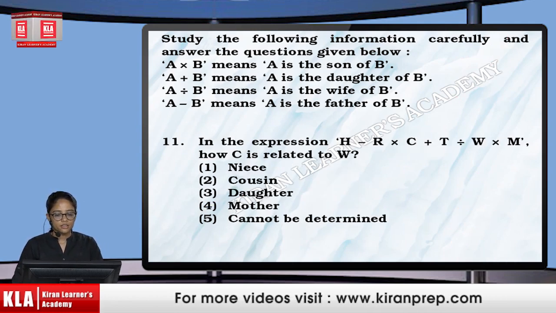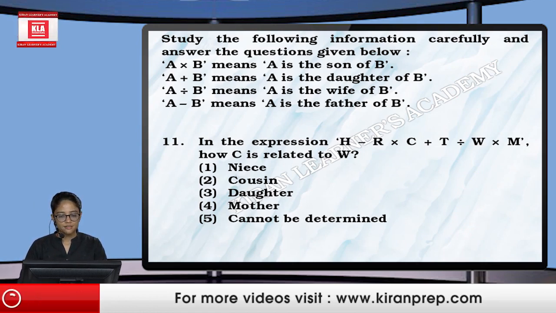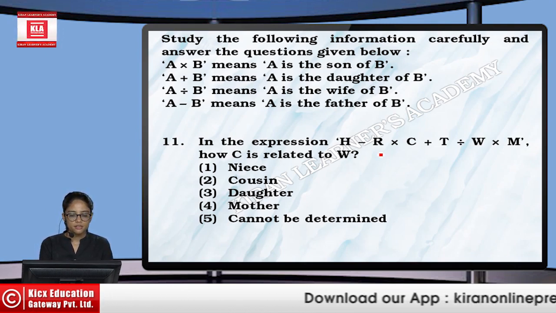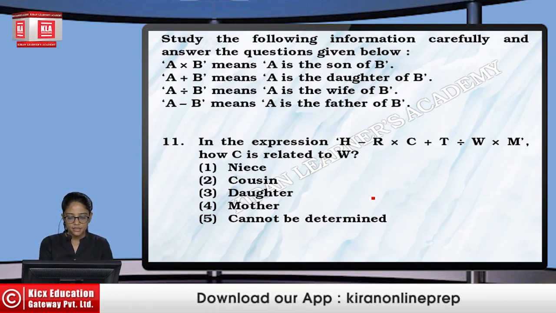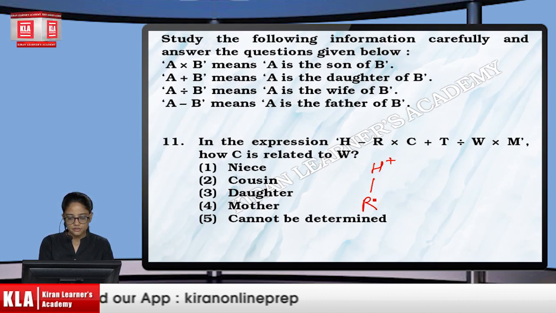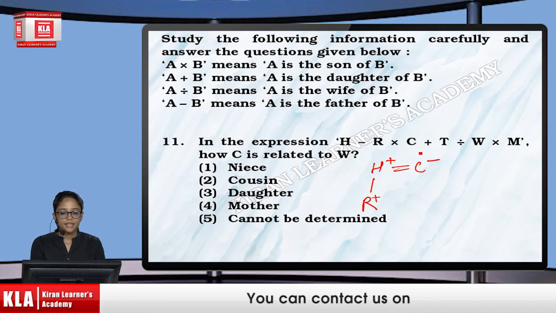Next, check it out. We have H minus R cross C plus G divided by W cross M. So minus means that H is the father of R, and cross means R is the son of C, means she is the mother. Next is plus.